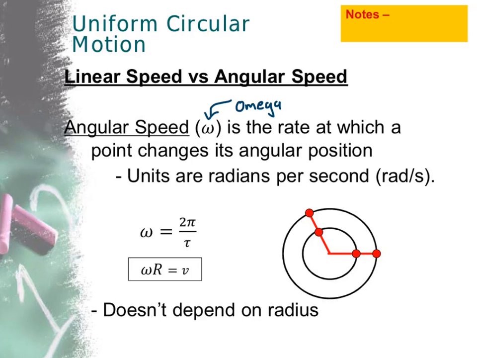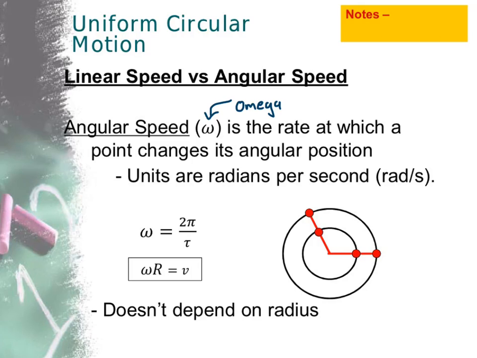If you want to calculate angular speed, you would say the angular speed is 2 pi, because that's the number of radians in a full circle. So a full circle has 2 pi radians, and then you would divide that by tau, which is the amount of time that it would take to complete a full circle. So angular speed equals 2 pi divided by tau. It looks a lot like linear speed.